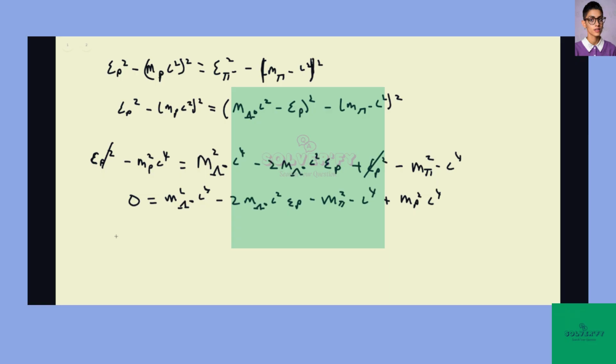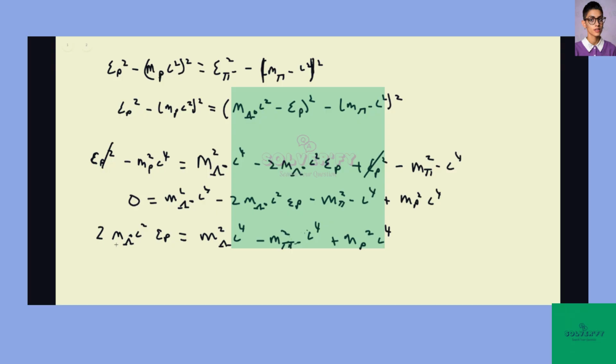So we move this over here. We add this to both sides. We get 2 times the rest mass of the lambda baryon times the total energy of the proton is equal to the rest mass of the lambda baryon squared minus the rest mass of the pi meson squared c to the 4th plus the rest mass of the proton squared.